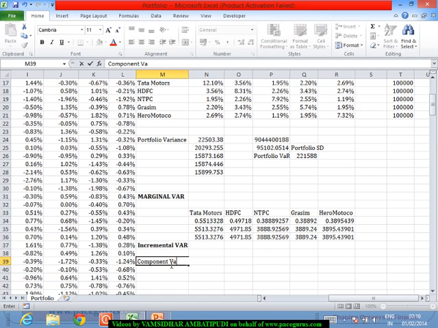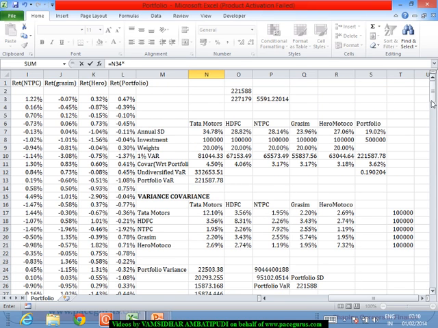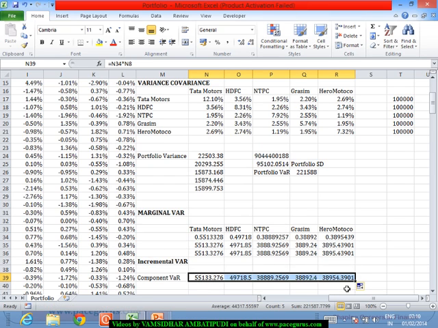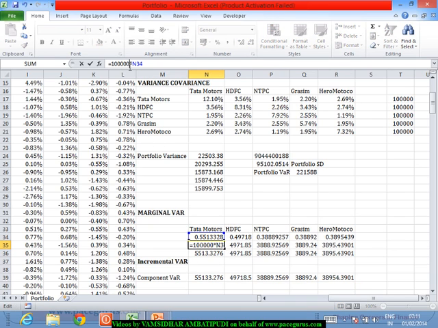If we see the point here, when I take this and I multiply this with my position, so this is what is contributing. Oh, here I should have taken 100,000 then. So this is what is contributing as my component VAR.